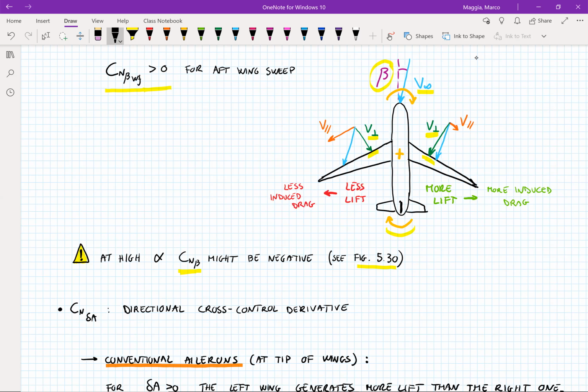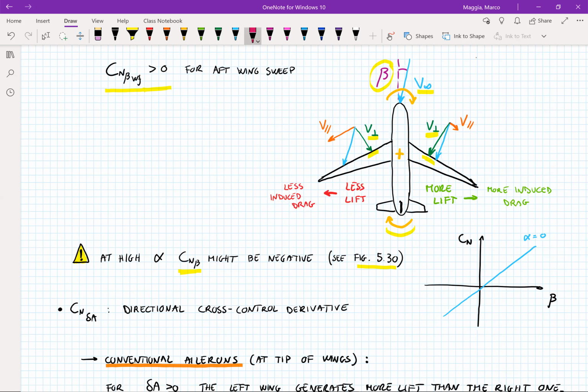It just gives two curves. The Cn coefficient as a function of the side slip angle. And so we have one curve for alpha equals 0, and this is for the F-16 aircraft. So you see for angle of attack equal to 0, the slope is positive, so we have directional stability.